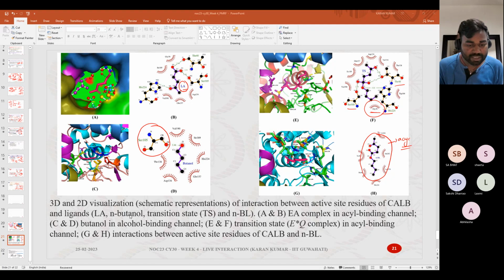Similarly, the first product, which is water, also inhibits at the first site. So this paper you can refer to, and we have developed the model for ping pong bi-bi kinetic operation for this particular kind of system, and then we modeled and checked the different kinetic parameters.